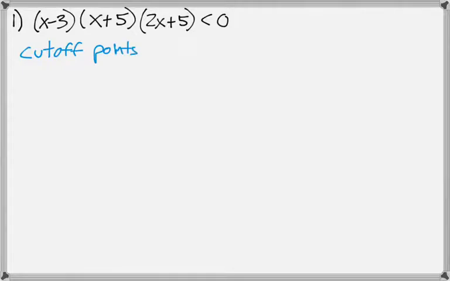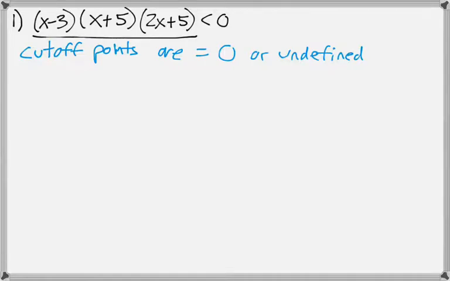So the cutoff points on my number line are where this equation is equal to 0 or undefined. If I set this equal to 0, it's already been factored, so I can just worry about each of the individual factors.